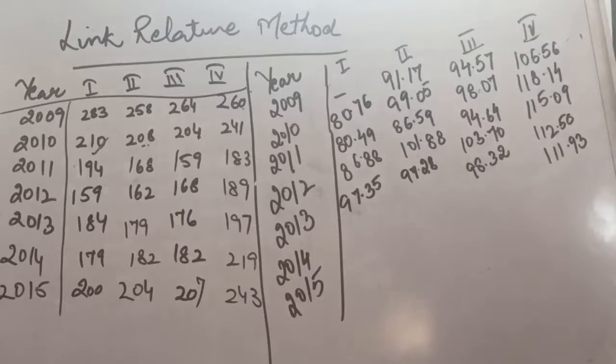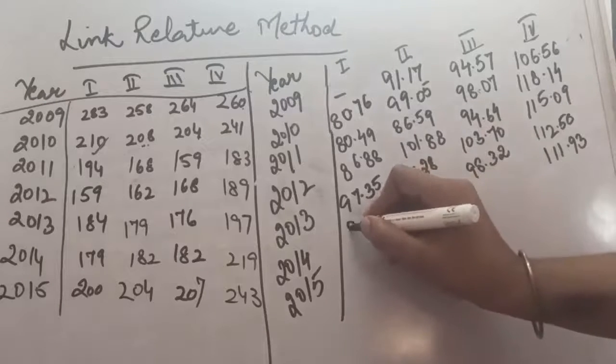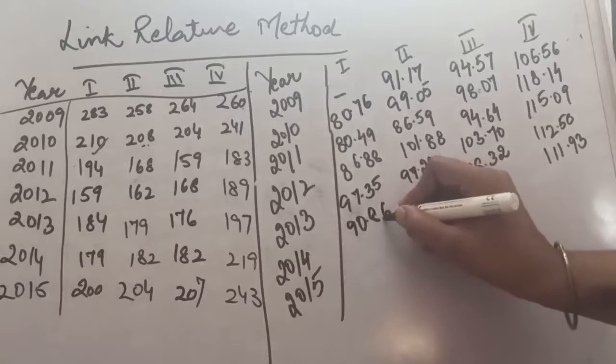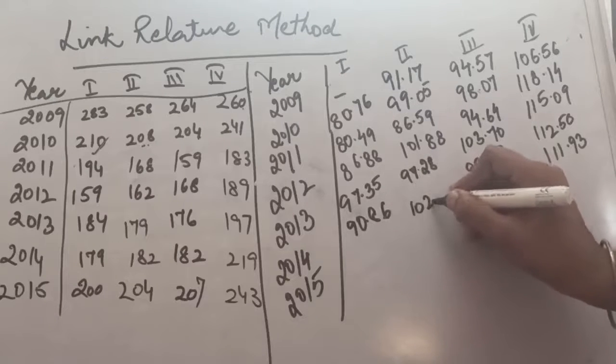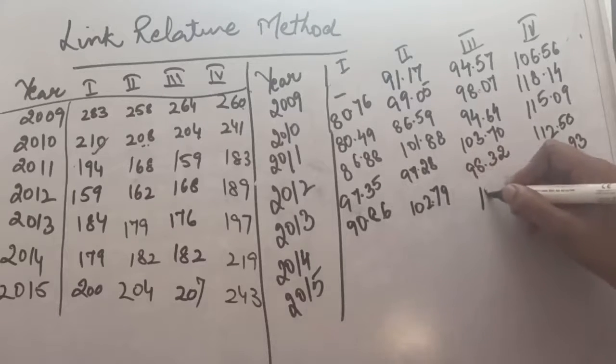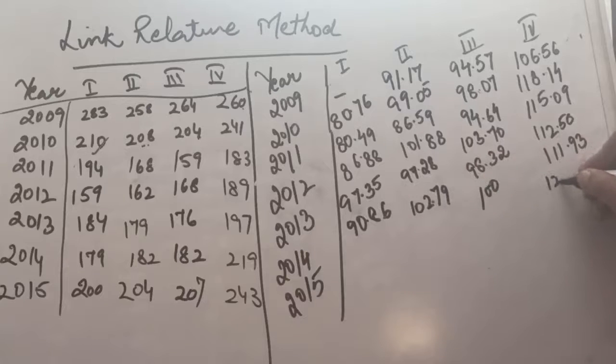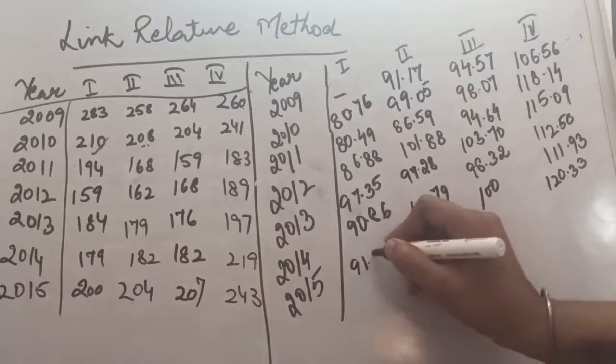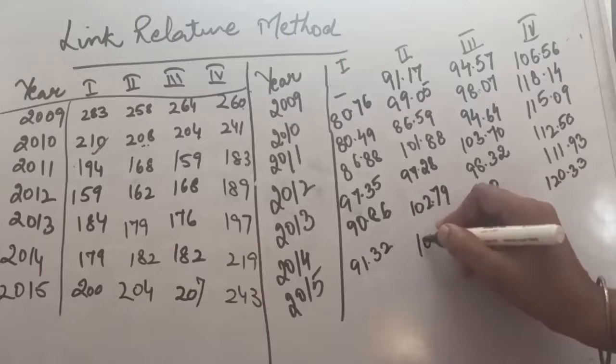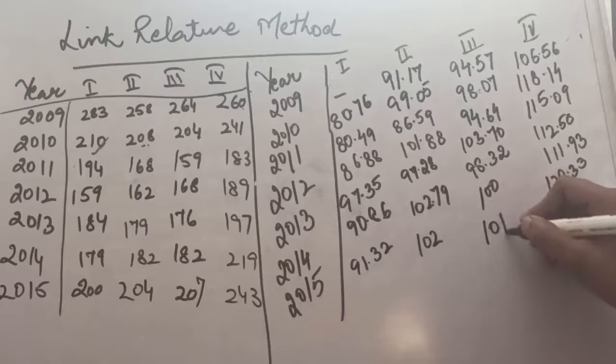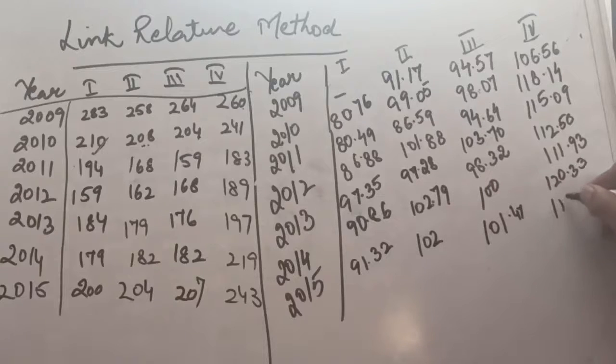For 2014, the values will be 90.86, 102.79, 100, and 120.33. For the last, 2015, our values will be 91.32, 102, 101.47, and 117.39. So these will be the values of the link relatives.